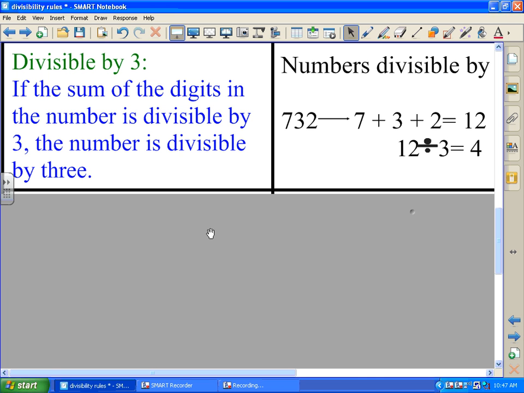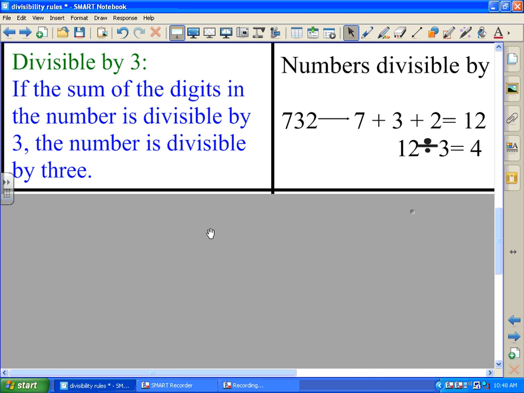Now, I have a 2-digit number, so I'm going to add the digits again. So I'm going to take 12, and I'm going to say 1 plus 2 equals 3. If my sum is a 3, a 6, or a 9, the entire number is divisible by 3.